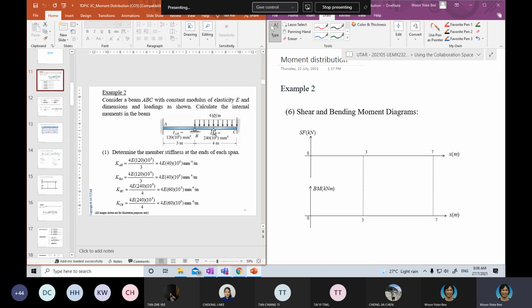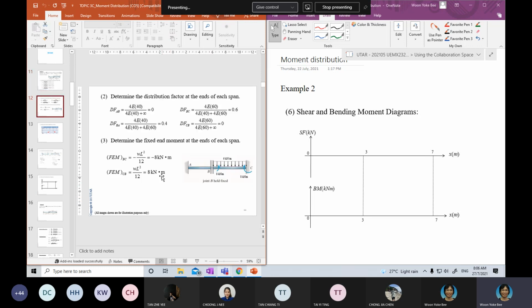So end A, end B, and C. Okay, all the 3 ends. You first determine the member stiffness, followed by distributing it according to the stiffnesses. Right, the stiffer the member, it will attract more. You will find that the stiffer the member, the factor that you need to use will be higher.